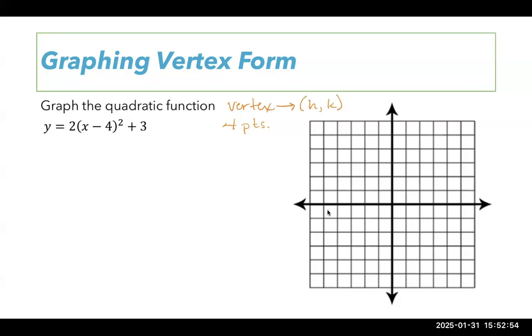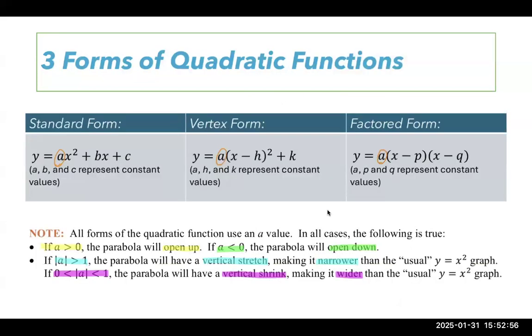Remember, in the vertex form, our h is the value that's inside of the parentheses, and our k is the value that is outside of the parentheses. Something to be careful about is that when you're looking at the h value, the minus sign is already part of the structure of your function.